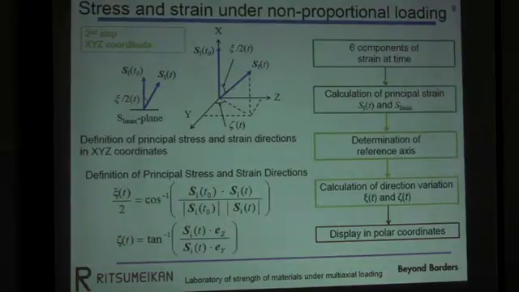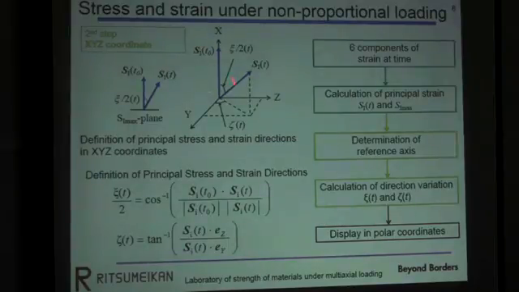How do we determine this direction? We always monitor the maximum direction of stress or strain, not the absolute maximum. So we always take the maximum direction of principal stress or strain, and we can obtain the vector at time t.